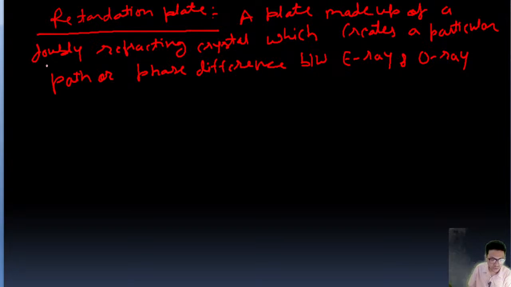Here the delta value is going to be (n naught minus n e) into d, where n naught is the refractive index of the ordinary ray and n e is the refractive index of the extraordinary ray. This is a very important point, guys.